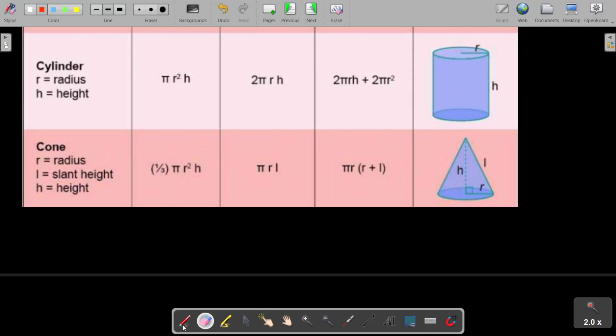So let's understand why this is 2 pi r times h. If I take a small part of this cylinder, which has radius r, and calculate the length, remember one thing: we are not seeing under this cylinder. We are only talking about the outer area. Outer area is known as surface area.